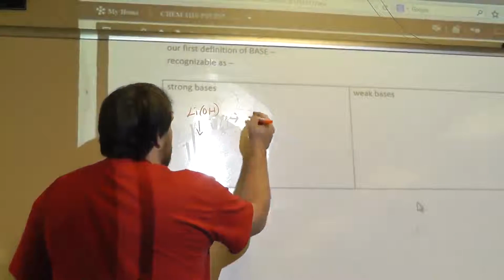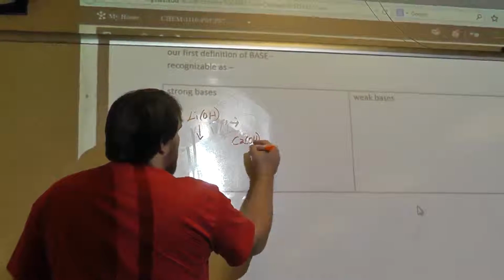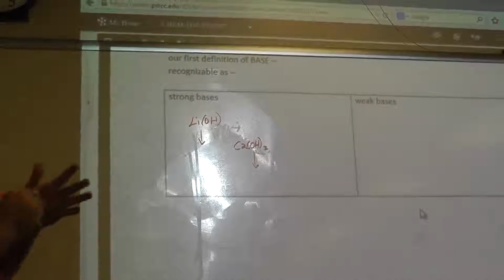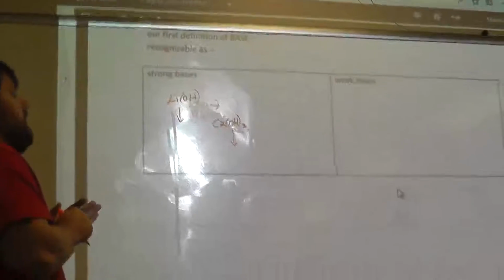Your other strong bases start at calcium, the hydroxides of calcium and every one below it. You do not include magnesium hydroxide or beryllium hydroxide. Magnesium and beryllium hydroxide are not strong bases, but calcium hydroxide, strontium hydroxide, barium hydroxide, and radium hydroxide are. So this is your trend for remembering your strong bases.